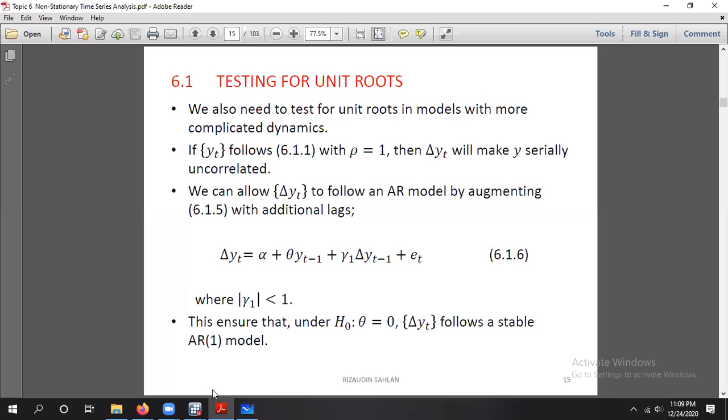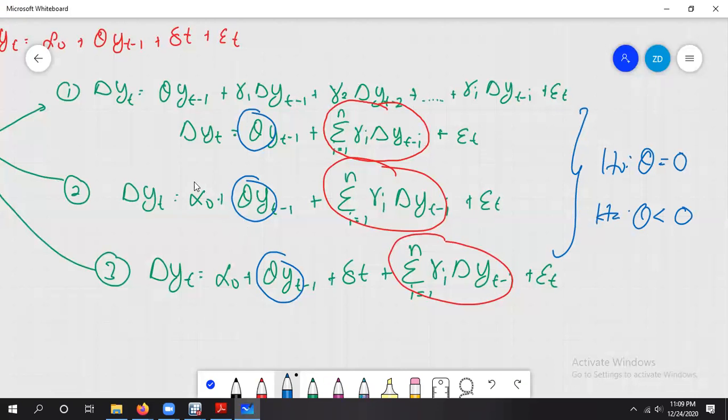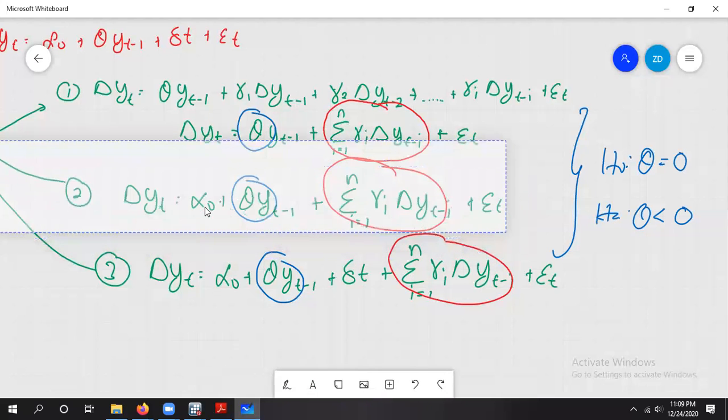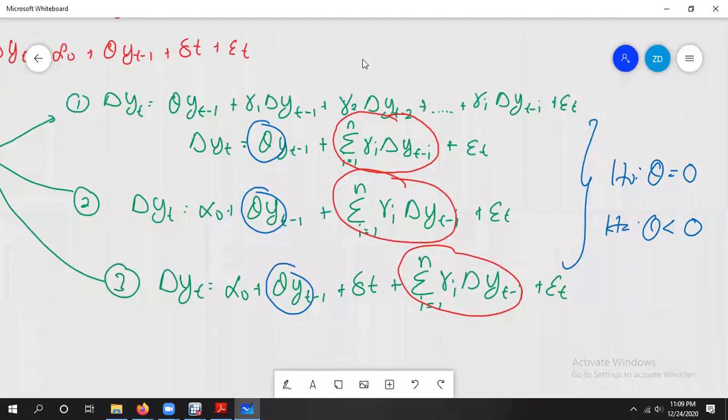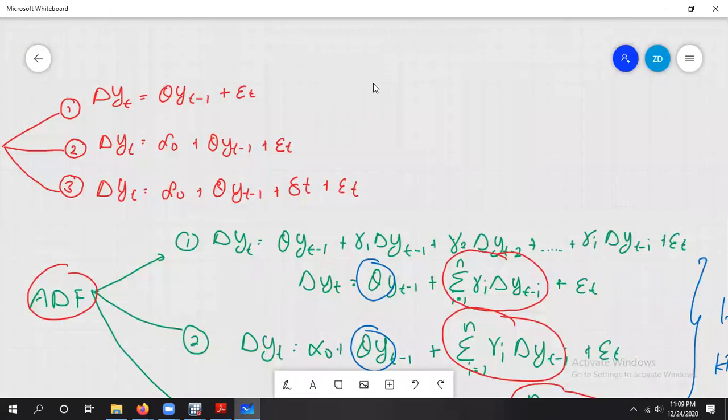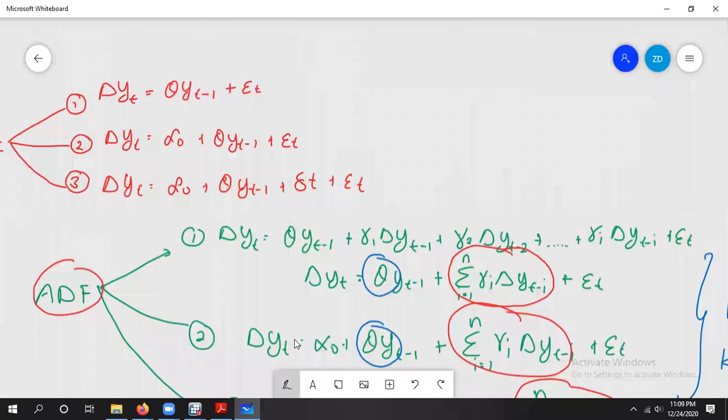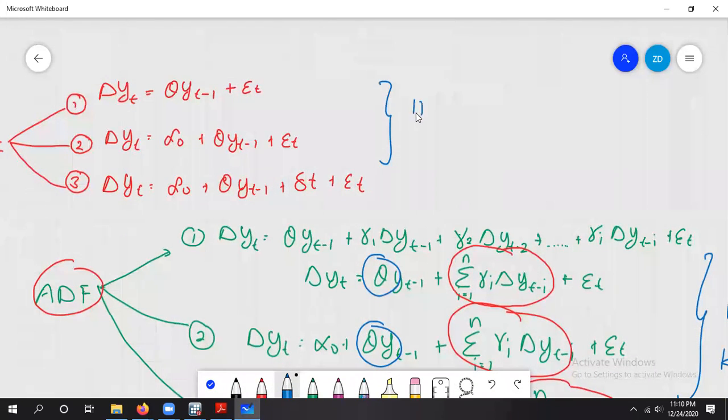Same as the Dickey-Fuller, the hypothesis for this one is that theta is 0 for H0, and HA is theta less than 0. So for the Dickey-Fuller and augmented Dickey-Fuller, we still stick to the same hypothesis.